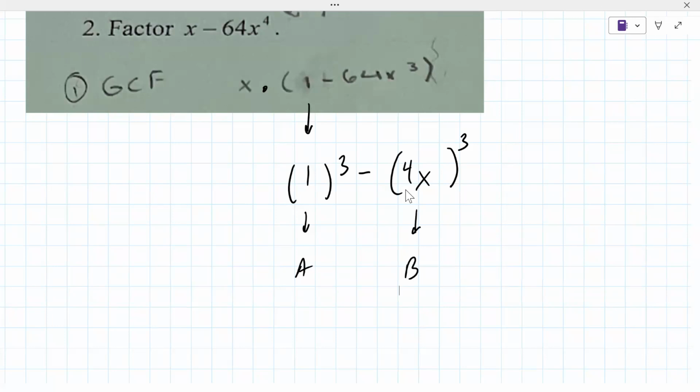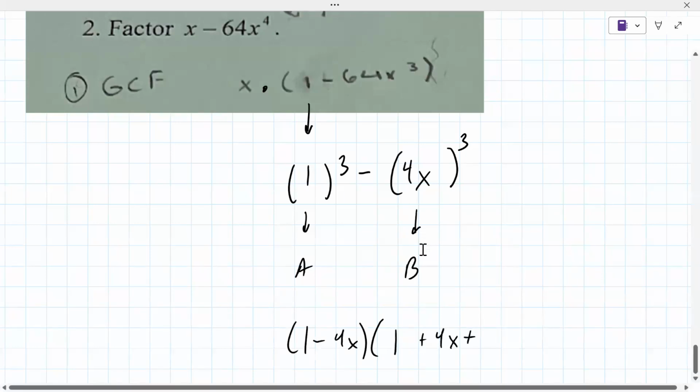Is it 1 minus 4x in parentheses and then 1 plus 4x plus 4x squared? Yeah, but go ahead and square that last one.